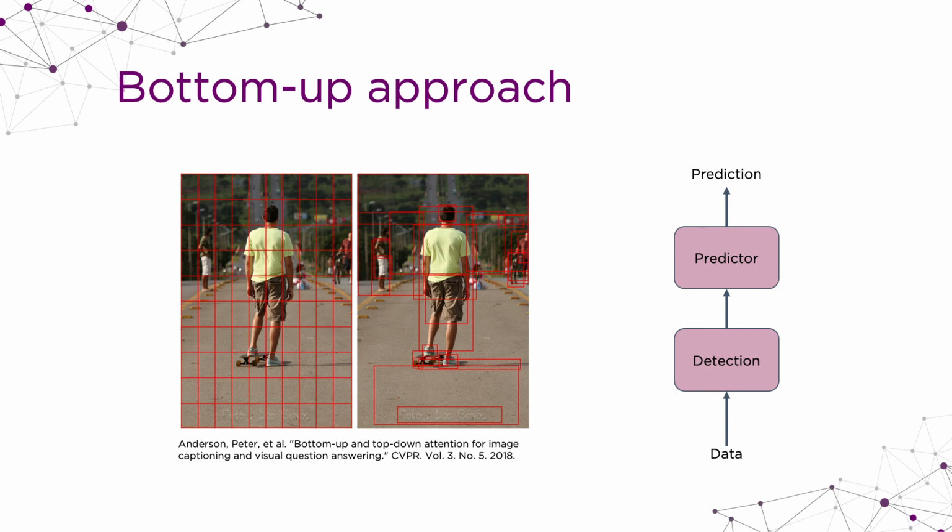So because I knew that it's easier to look at certain parts of interest, I will learn first what are parts of interest in images in general. I will use it as a sub-module, and then the answer I will provide it to another module that will answer the question related to these concepts. So it's called the bottom-up approach.